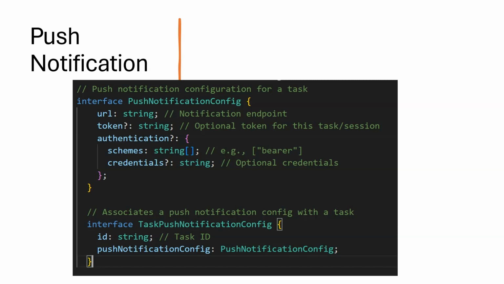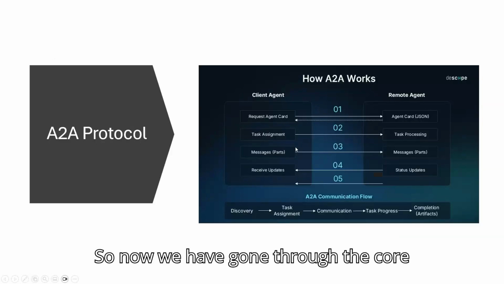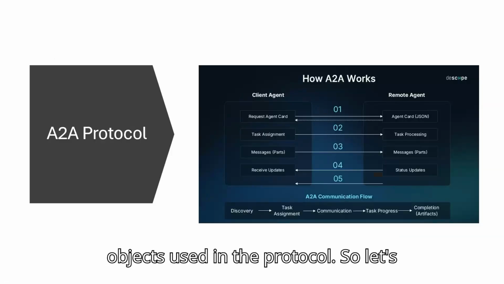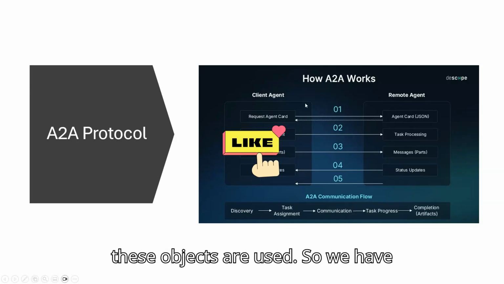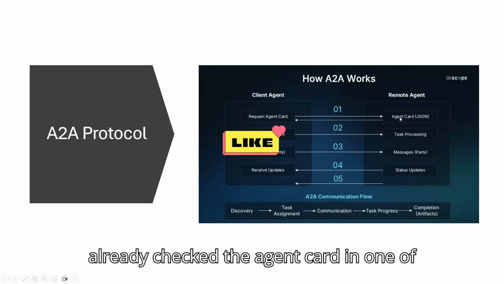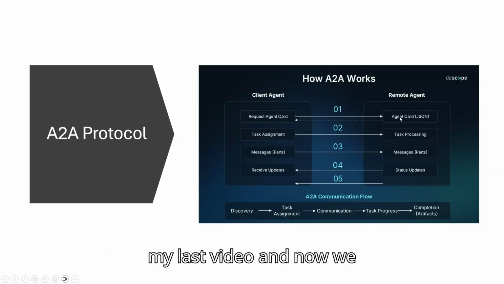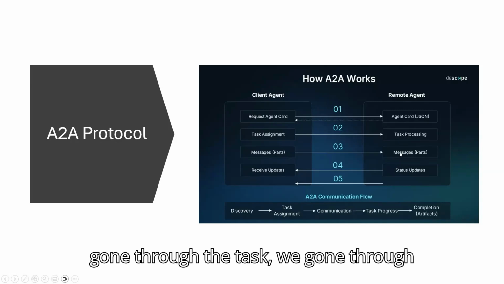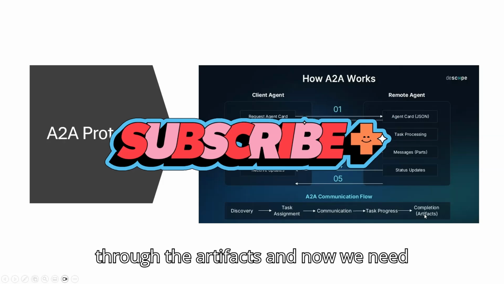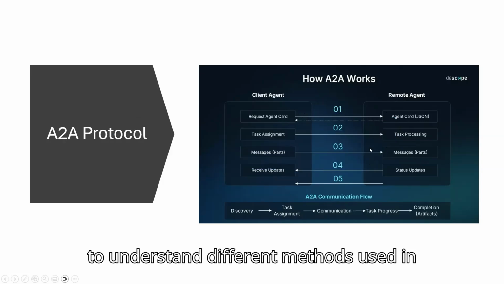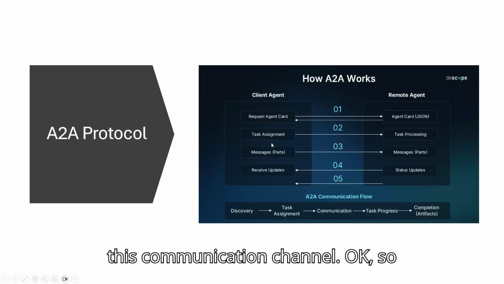Check out that video. So now we have gone through the core objects used in the A2A protocol. Let's check again in this communication where these objects are used. We have already checked the agent card in one of my last videos. And now we have gone through the task, the message and parts, and also the artifacts. Now we need to understand the different methods used in this communication channel.